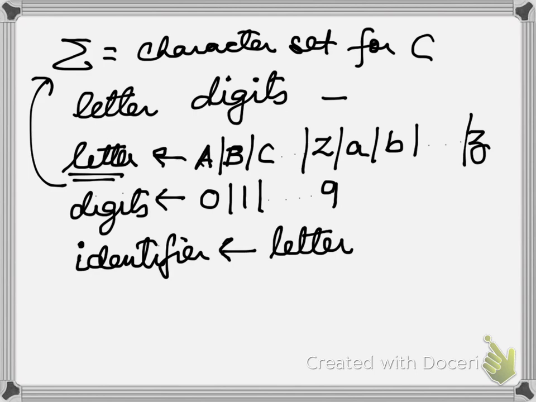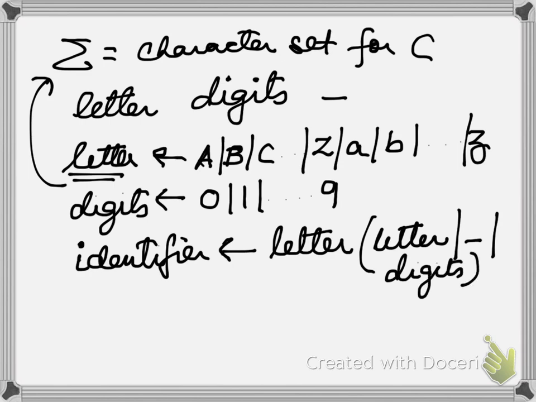After that, it can be followed by letters, digits, underscore, and so on. So we can have letter or underscore or digits. And these can be repeated. How many times? 0 or more times. So star. The whole thing star. Letter followed by 0 or more of letter or underscore or digit.